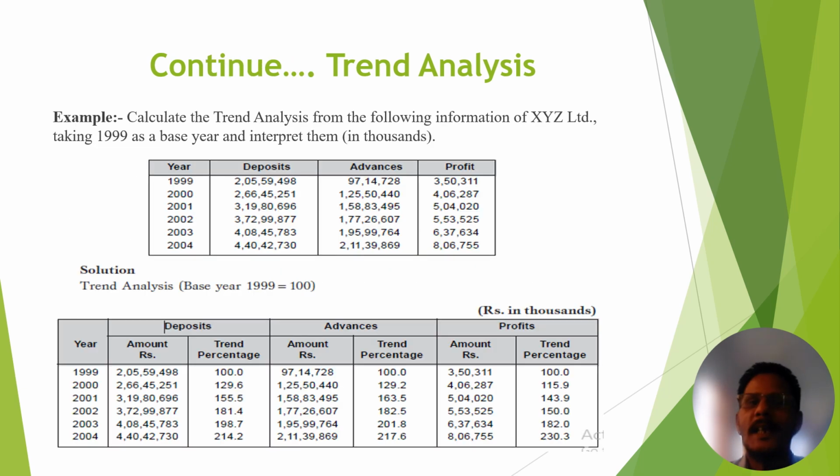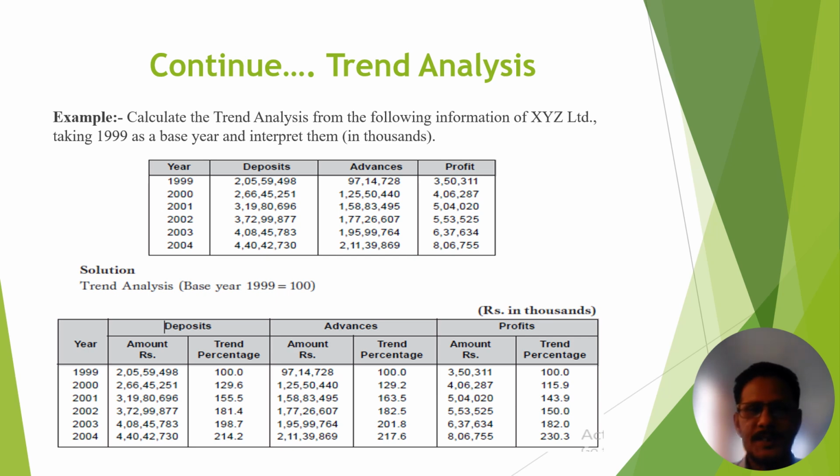Calculate the trend analysis from the following information of XYZ Limited, taking 1999 as the base year, and interpret them. We have information in year form. We have data for deposits, advances and profit.